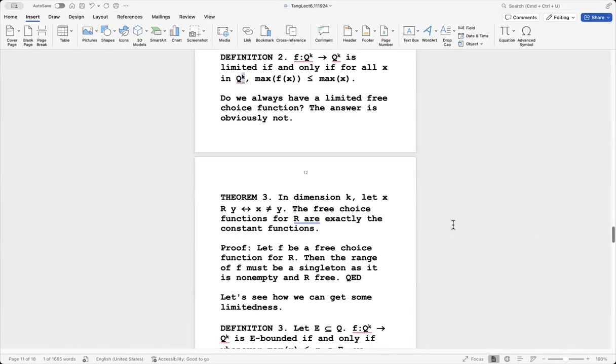So in dimension k, consider x R y if and only if x is not equal to y. This is an error. I wanted to show you the constant functions. This is not reflexive.